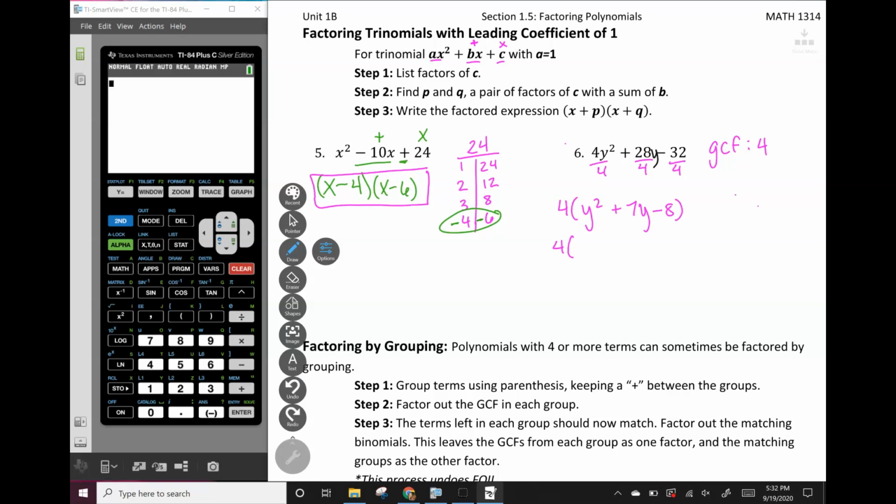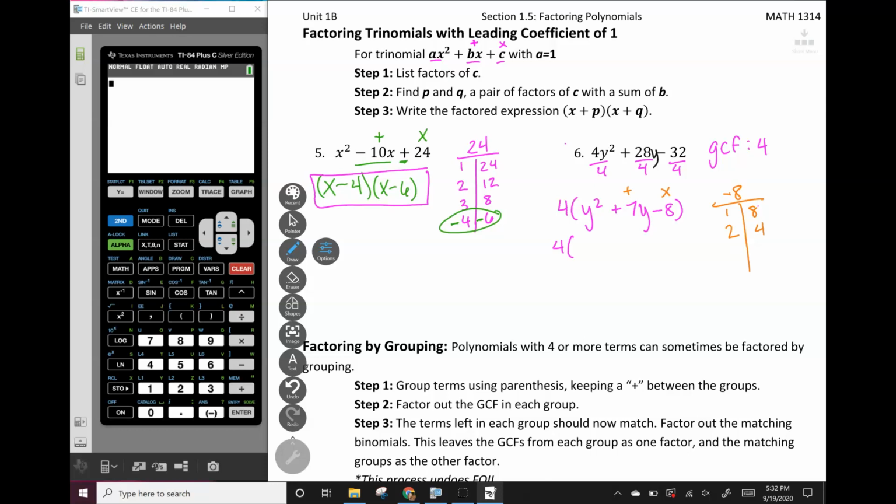Okay, so we're looking for numbers that would add to 7 and multiply to negative 8. So that's 1 and 8, 2 and 4. That's it. That's all your factors of 8.